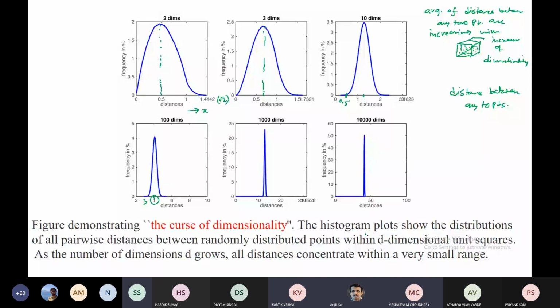As the number of dimensions grows, all the distances are concentrated within a very small range. So in a very high dimensional space, any 2 points are very highly separated. That is very much understandable from this.